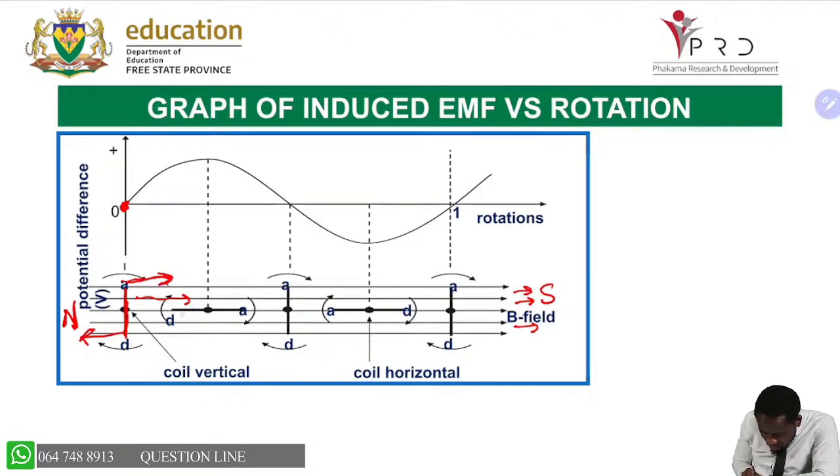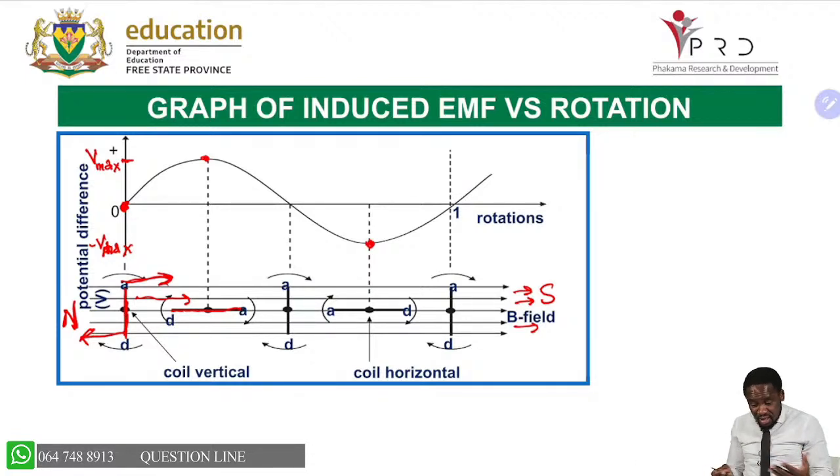But when it's lying on a horizontal plane, parallel to the magnetic field, we induce the maximum. So this is our V max, right? This is still the same V max, but in the opposite direction. So this is negative V max. So that's basically the alternating output for induced EMF, or even the shape of the induced current remains as such.